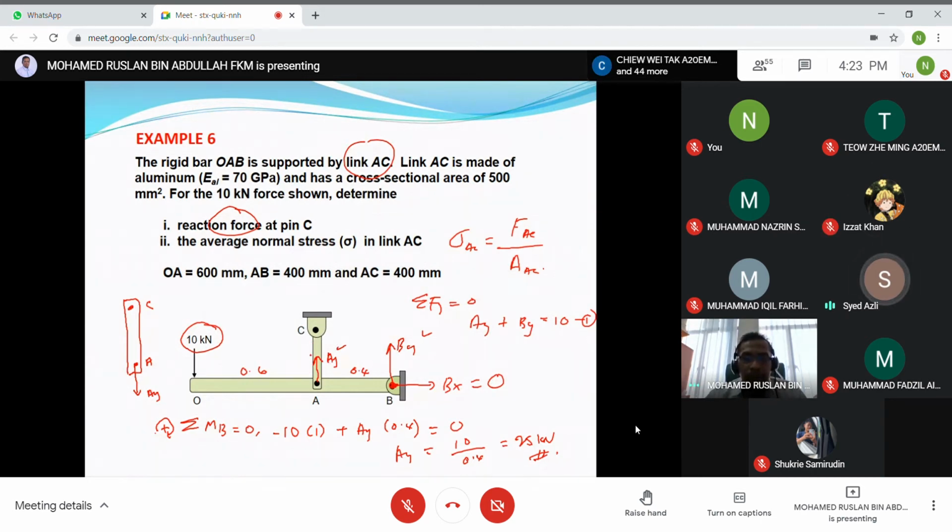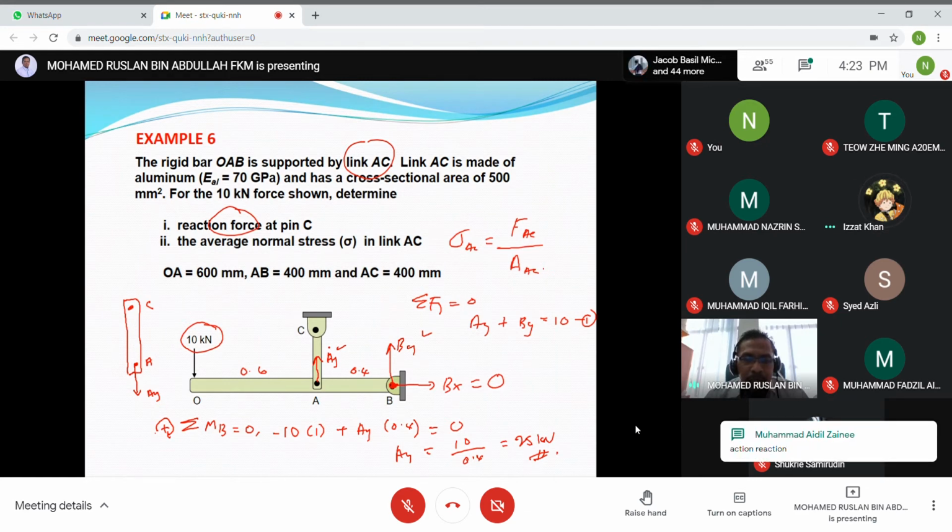Because when we combine the pin at A, it will cancel. So based on what? Based on Newton's third law, action and reaction force.